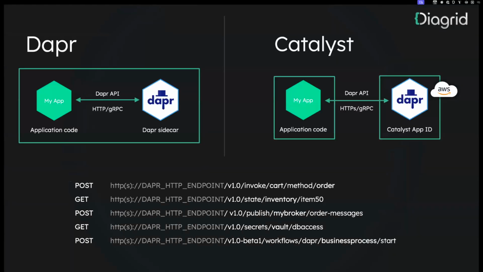So I want to call out the one big differentiator between Dapr and Catalyst: as I mentioned in the initial slides, Dapr runs as a sidecar on Kubernetes. It's injected as a sidecar into your application pod. But in the case of Catalyst, that sidecar is fully managed and completely abstracted away from you. So instead, your application code is going to be retrieving an application ID that it can use to communicate to the Catalyst service.